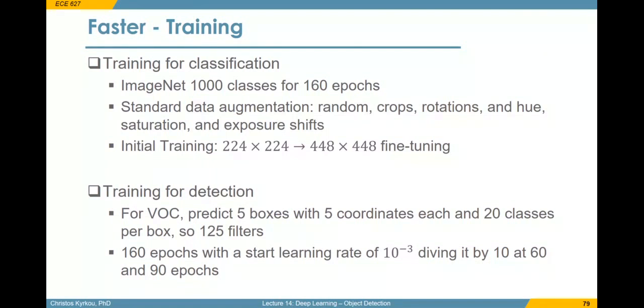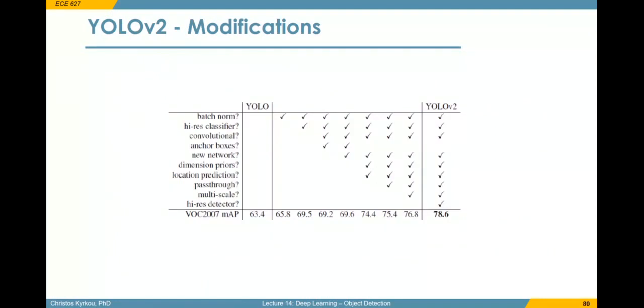And they also used some different learning rates to improve convergence. So as you can see here, from YOLO v1 to YOLO v2, there is a clear progression with the additional improvements. And the main contribution, it seems, that pushed accuracy higher were the higher resolution classifier and the batch normalization also at the beginning.